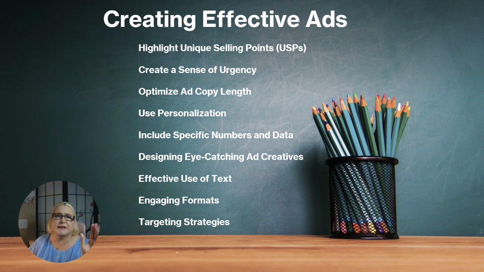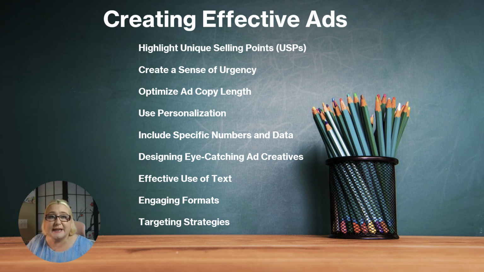Another thing is targeting strategies. You have to have a solid strategy. You want to have broad and exact matches. So start with broad match keywords to reach a wide audience, and then refine with exact matches based on the performance. And then remember those negative keywords.